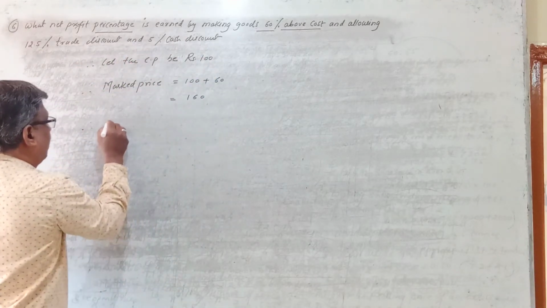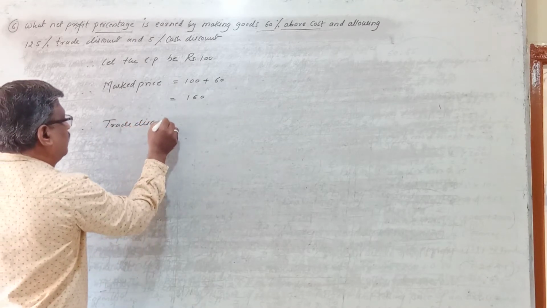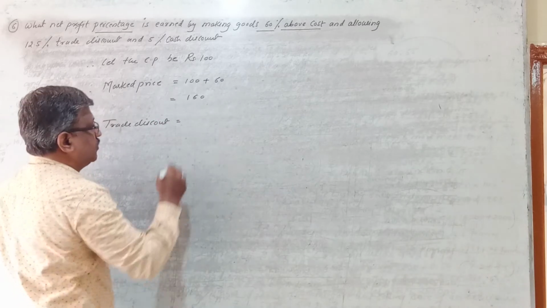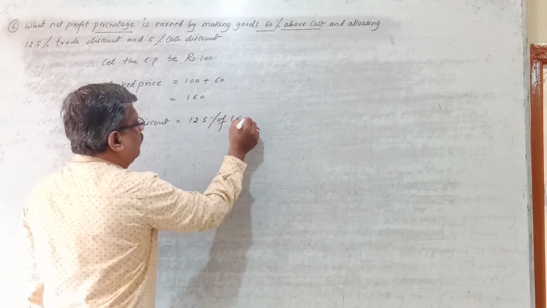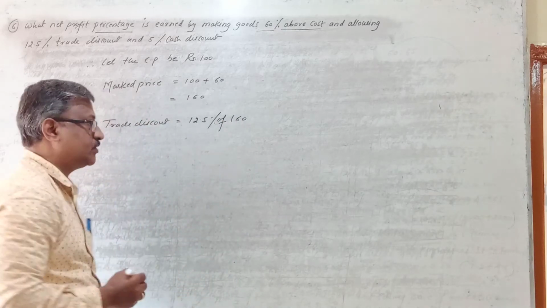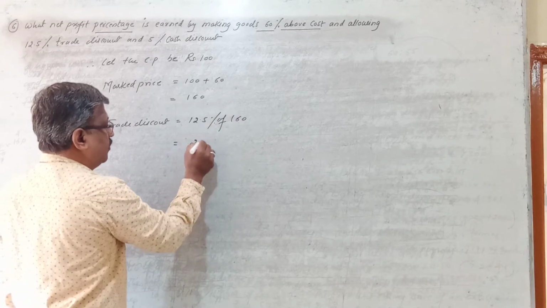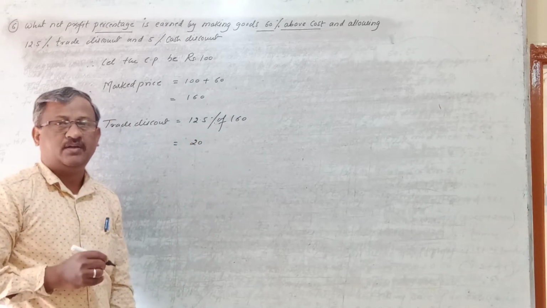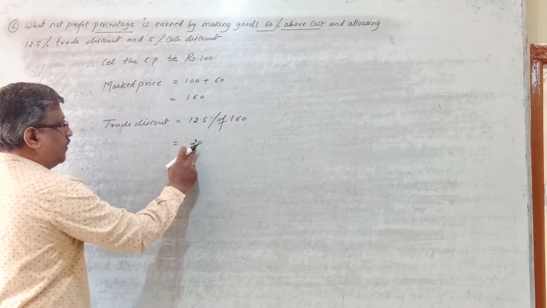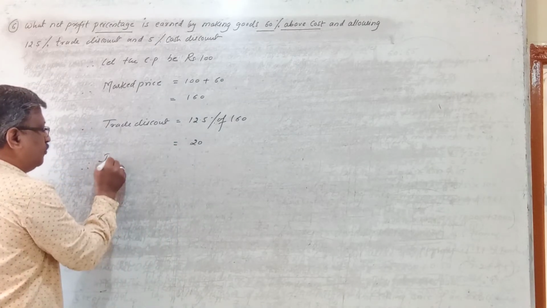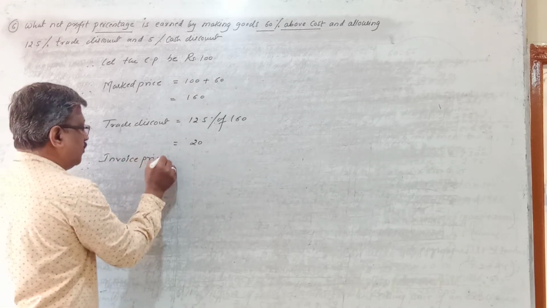So first you calculate the trade discount. Trade discount is equal to 12.5% of what? 160 rupees. So 12.5% of 160 comes to how much? 20 rupees. Now if trade discount is 20 rupees, you have to find out what should be the invoice price.